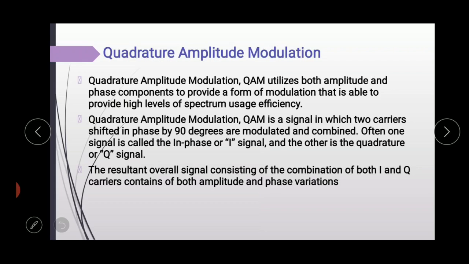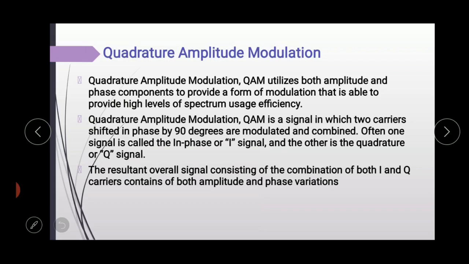QAM can be used in analog modulation and also in digital modulation. In digital modulation, QAM is the combination of ASK and PSK, and in analog modulation, QAM is the combination of AM and PM.